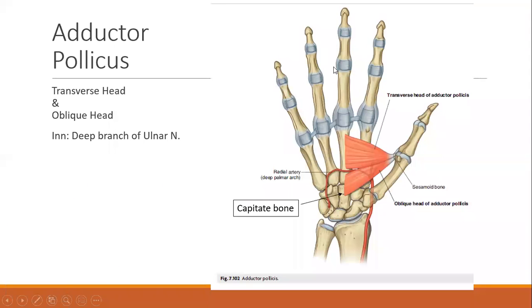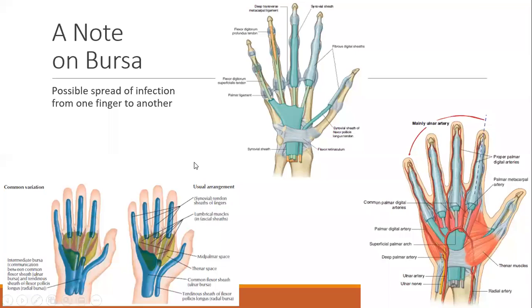Okay. I have a quick question. Go ahead. Sorry. So the next picture right next to it, it looks like it doesn't have the intermediate bursa. So does that mean if there's an infection of the thumb, there would be less likely an infection in the pinky because there's no intermediate bursa in between?